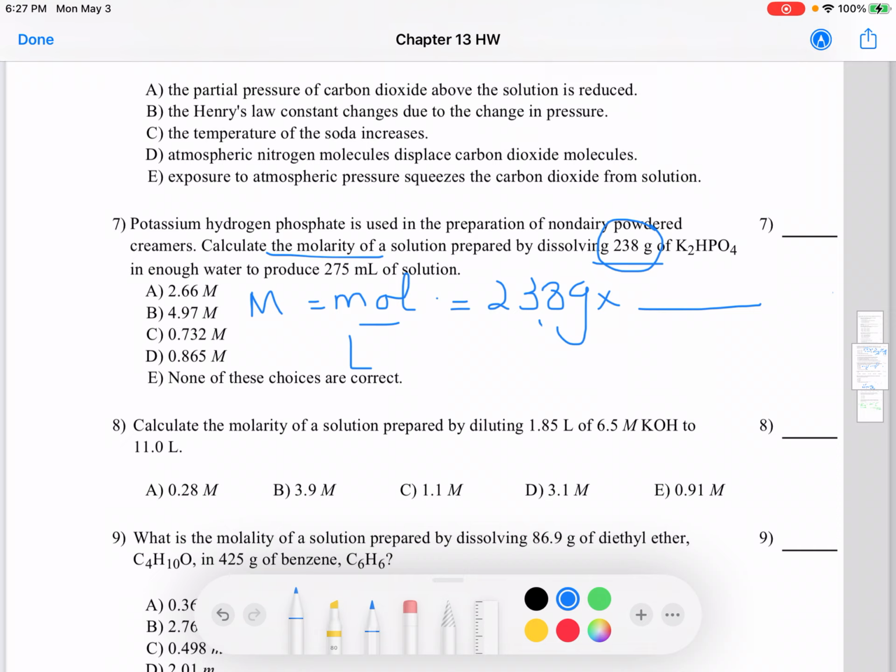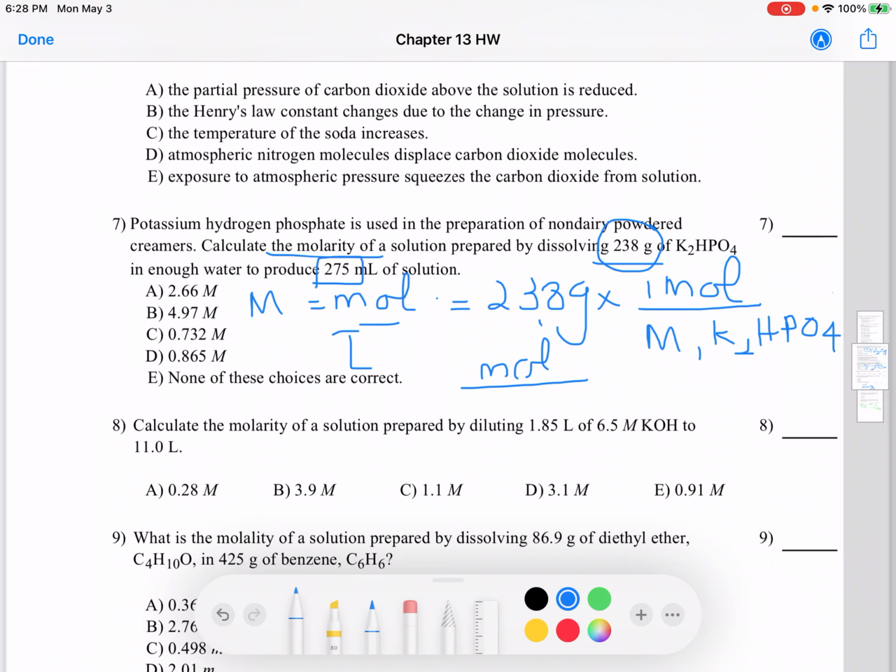Find the molar mass of potassium hydrogen phosphate. So 1 mole would be, M here stands for the molar mass, the molar mass of K2HPO4. That will give you the number of moles. And once you find the number of moles of K2HPO4, you take that number of moles and divide it by the volume, 275 milliliters.